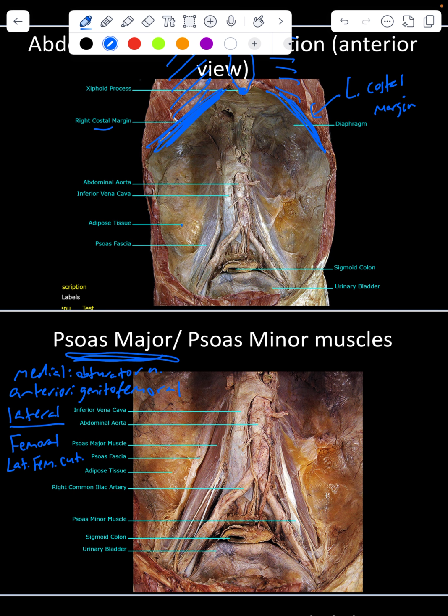Then on top of that, or so technically more lateral and superior, you're going to have 2 that branch off of L1. 2 off of L1. And those are your iliohypogastric and ilioinguinal.